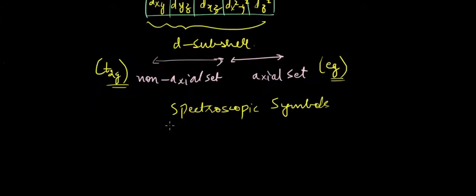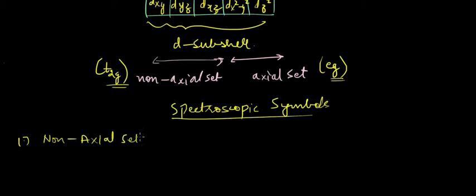Okay, so spectroscopic symbols first would be the non-axial set. First we have T2G, which is nothing but they are actually between the axis.